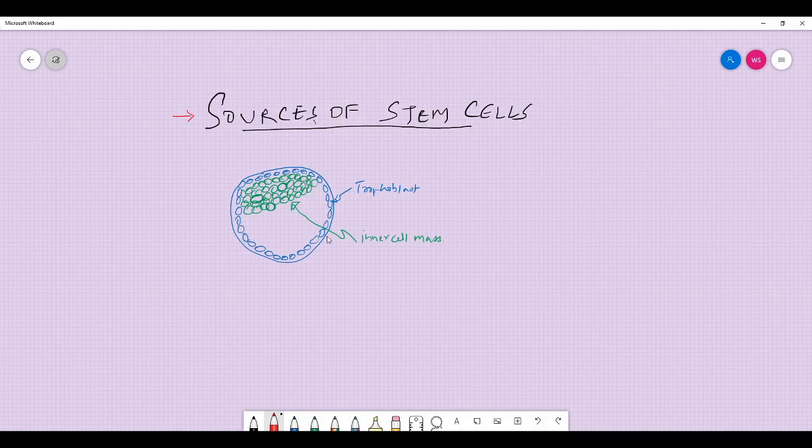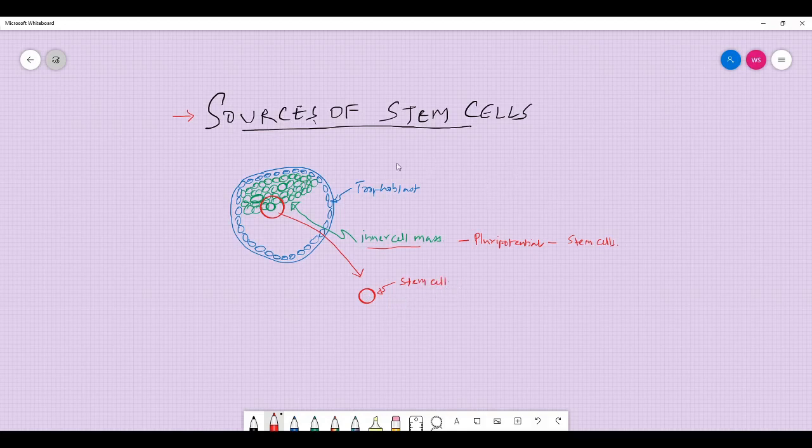We have said that the inner cell mass cells are pluripotential, and that they are stem cells. So, is this a source of stem cells? Yes. If we can remove a cell from here and bring it outside, that is a stem cell.